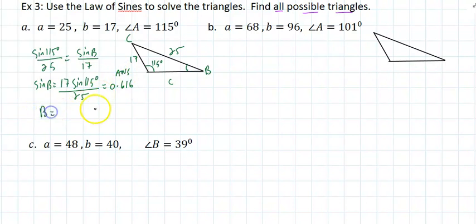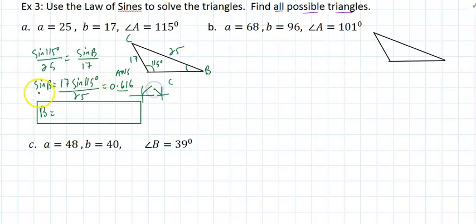In this case, since I'm finding beta, beta is one of 2 angles for me all the time. Anytime you find beta, you're either in quadrant 1 or quadrant 2. You never know, because sine is positive in both of these quadrants.